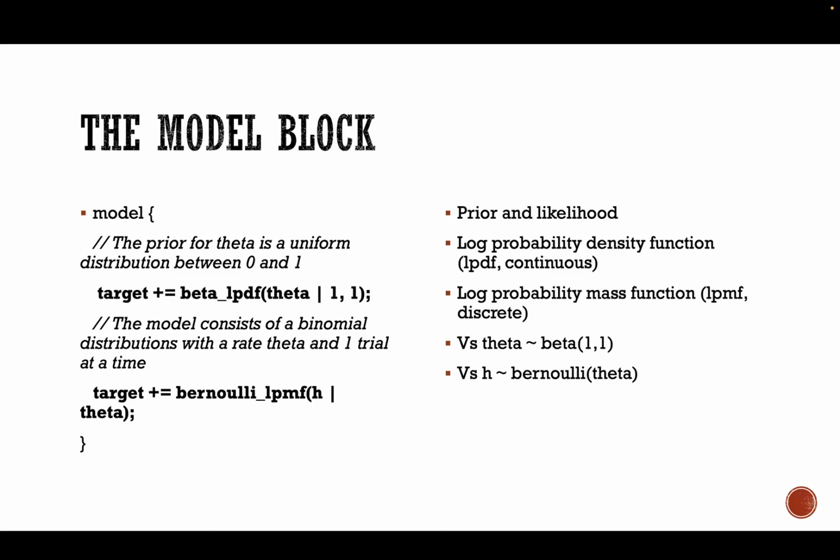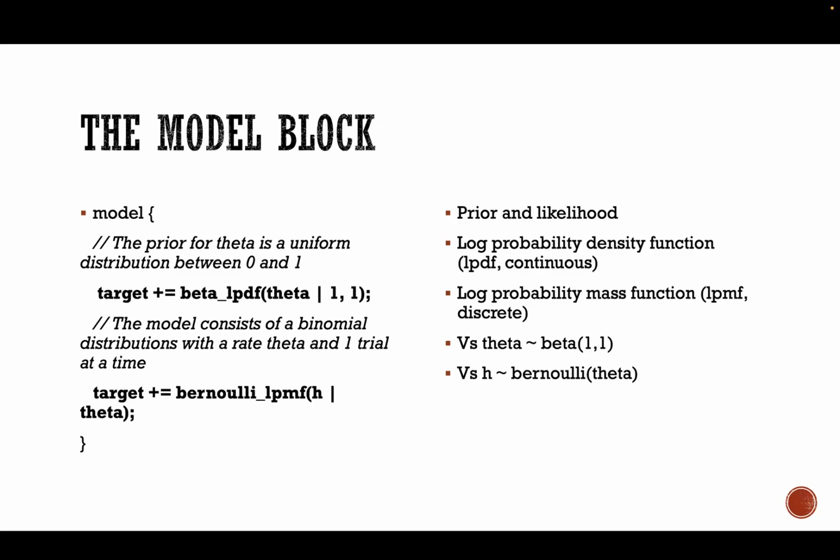This is called density. This is called mass. This is a statistical convention. When we talk about continuous distributions, we talk about probability densities. When we talk about discrete distributions of 0s and 1s, we talk about mass. It's a bit annoying to have to remember it, but you get over it.